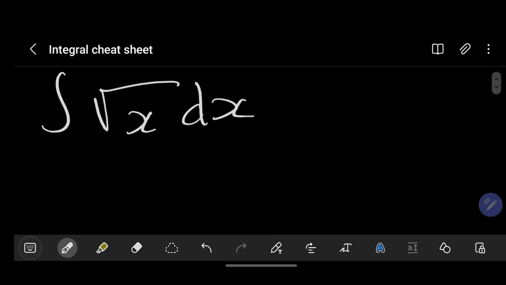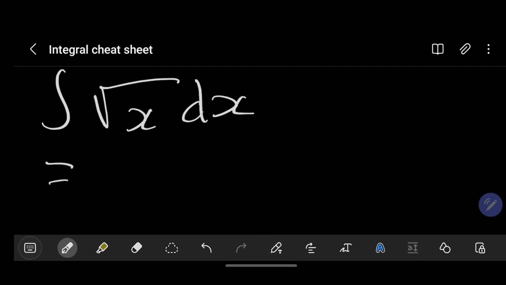So we've learned three rules thus far: the constant rule, the summation and difference rule, as well as the power rule. So what do you think we would use here? It's not that difficult, because what we need to do is firstly rewrite this, and if you can identify how you need to rewrite it, you'll then know which rule to use.